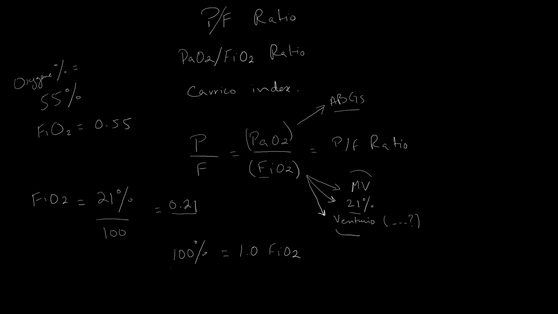So when the patient is on 100% oxygen or 1 FiO2, the PaO2 is the PF ratio. You don't even have to calculate it, because PaO2 divided by 1 is PaO2, and that is the PF ratio. So the easiest way to calculate PF ratio is when the patient is receiving 100% oxygen or 1 FiO2. That gives you the answer straight away by just knowing the PaO2.